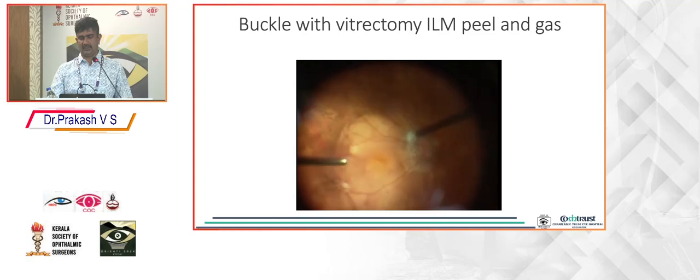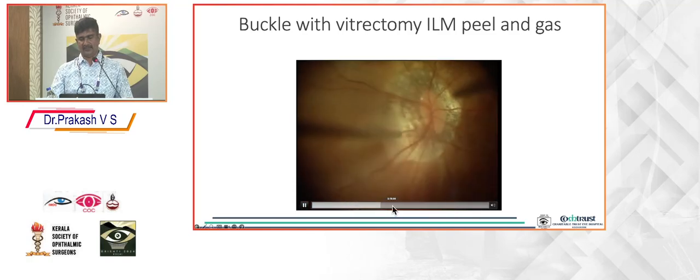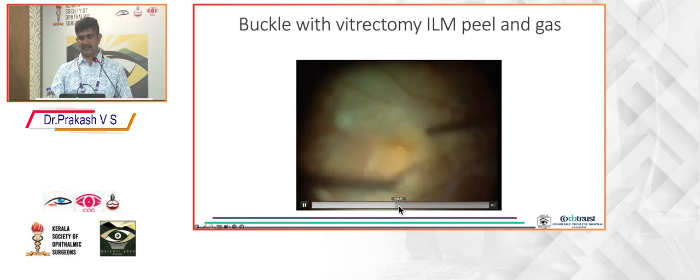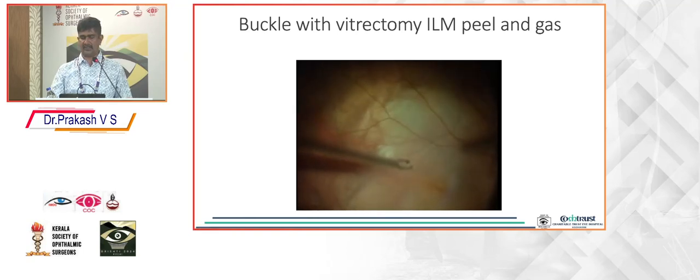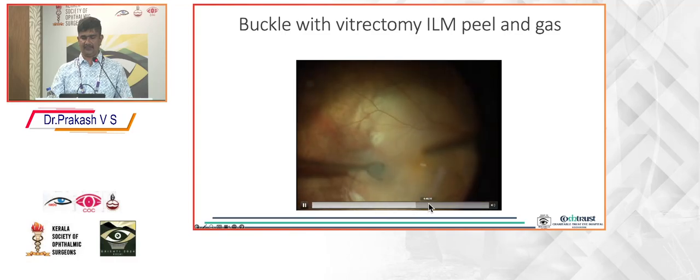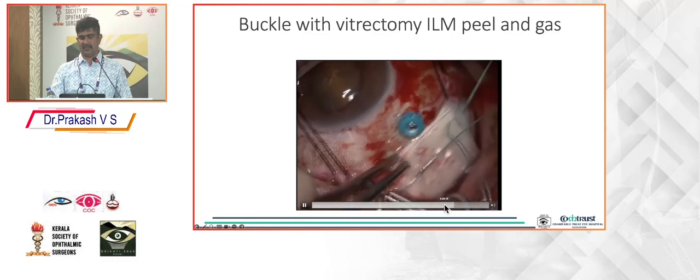So here I am doing the vitrectomy. You can see the large area of RPE atrophy, and complete vitrectomy is done and ILM peeling is done. Here there is a macular hole already, so a complete ILM peel is done without fovea sparing. It's involving the hole. We have done an ILM peeling. And after the vitrectomy, the buckle is positioned.